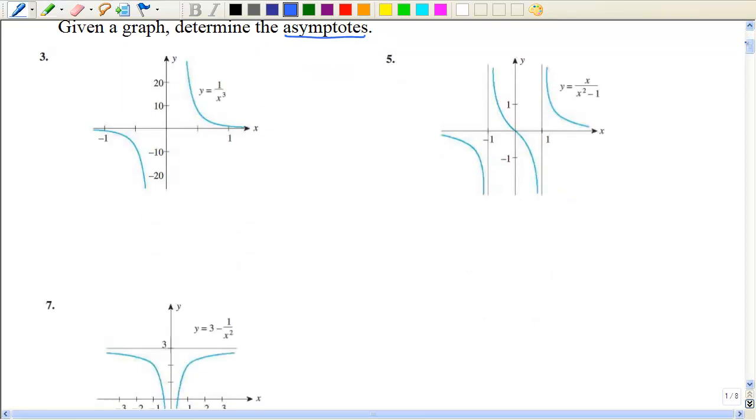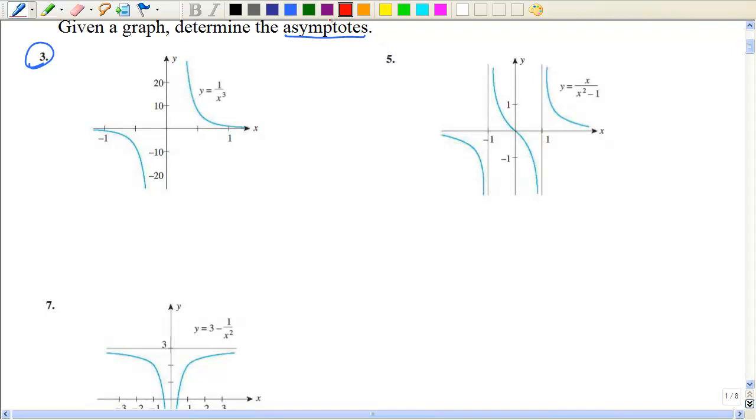As we look at a graph, we're supposed to determine the asymptotes. Asymptotes are usually represented on a graph by a dotted line. Well, you can see that on number 3, I don't see any dotted lines. Well, let's talk about horizontal asymptotes. This is where the graph is going to be flat out on the ends.